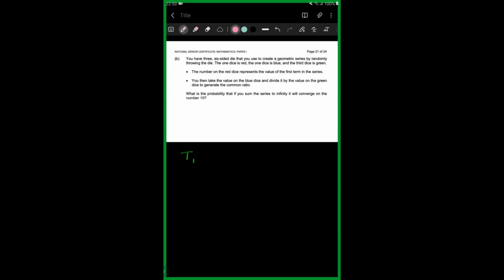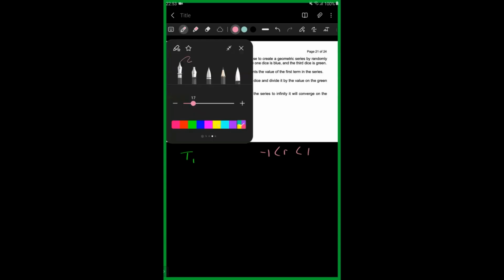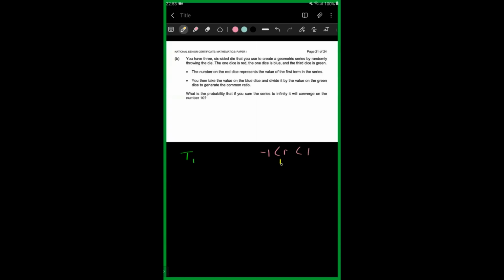So the idea is if this sequence has a sum to infinity, whatever happens, the common ratio has to be bigger than -1 and smaller than +1. There's no other way. Meaning that the common ratio can only be something like 1/6, 2/6, 3/6, 4/6, 5/6.